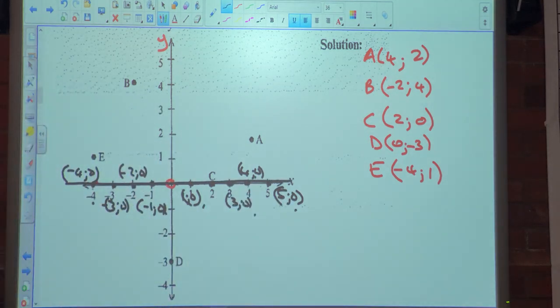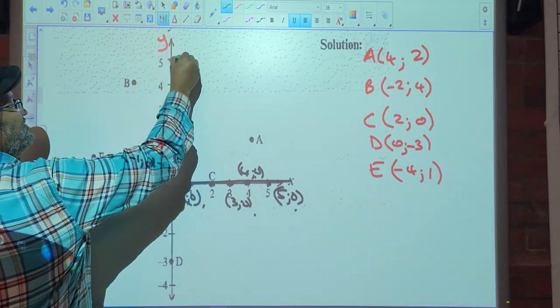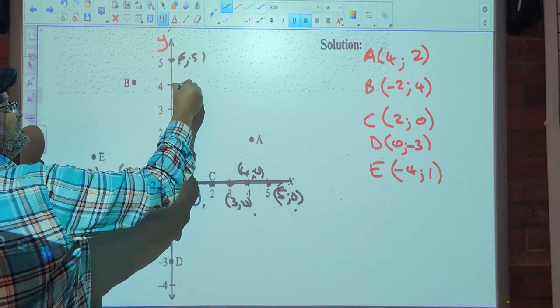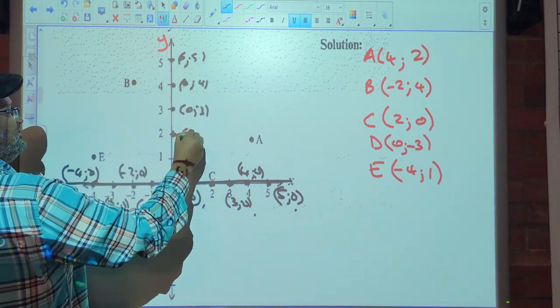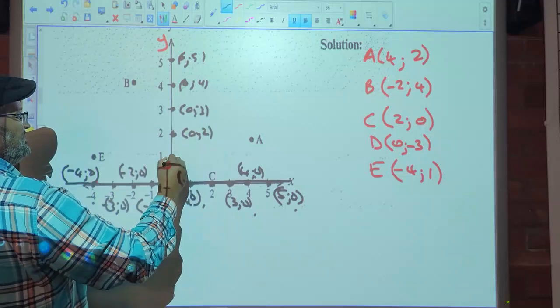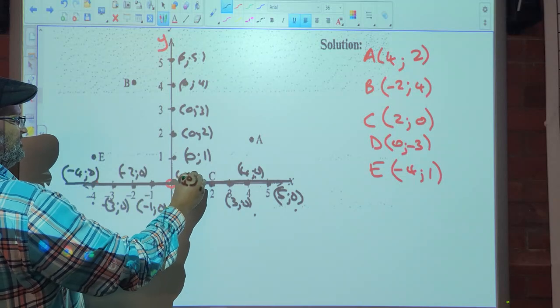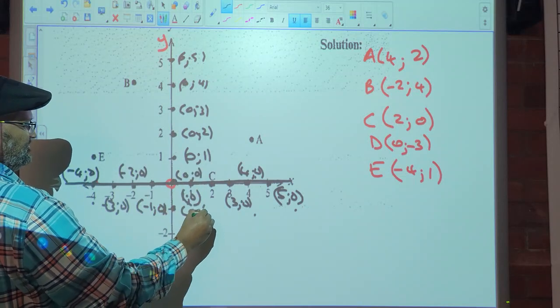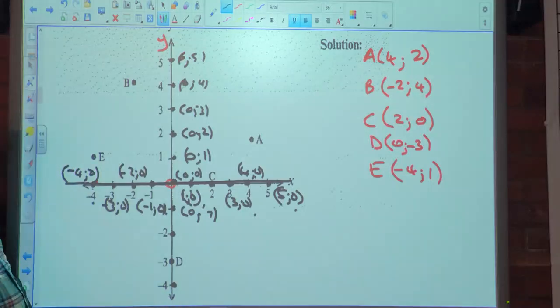Likewise, if you go down this way, that is going to give you 0 and 5, 0 and 4, 0 and 3, 0 and 2, 0 and 1, 0 and 0, 0 and -1, 0 and -2, 0 and -3, 0 and -4.